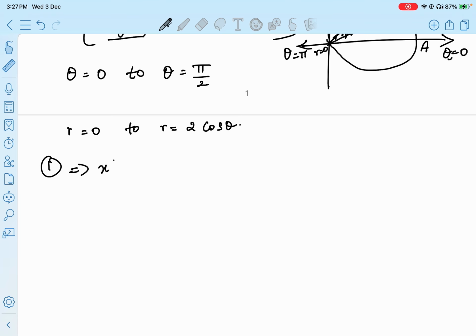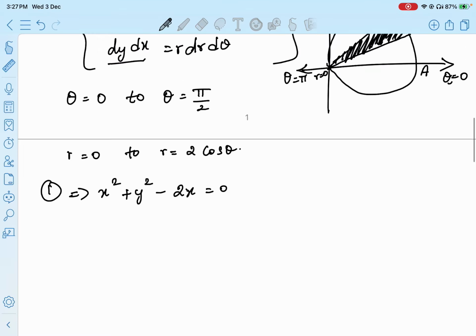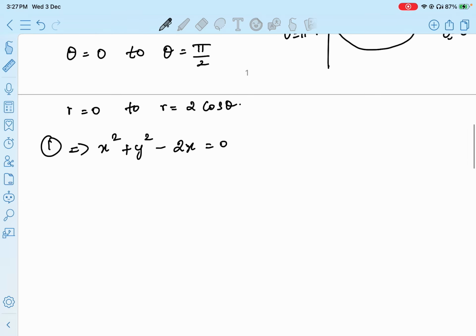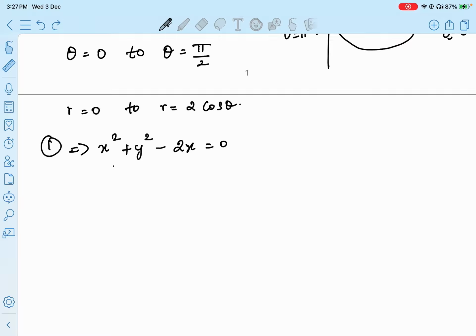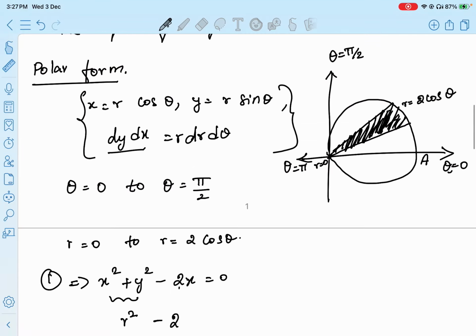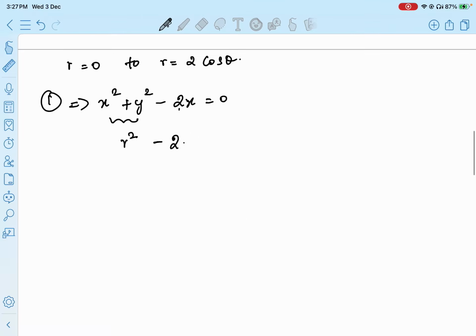So the first equation is x square plus y square minus 2x equal to 0. This is in the question, the first equation. Instead of x square plus y square, I am going to replace it as r square, minus 2 into x, which is r cos theta, equal to 0.